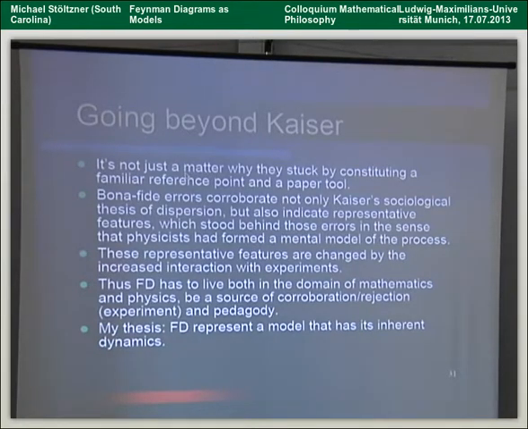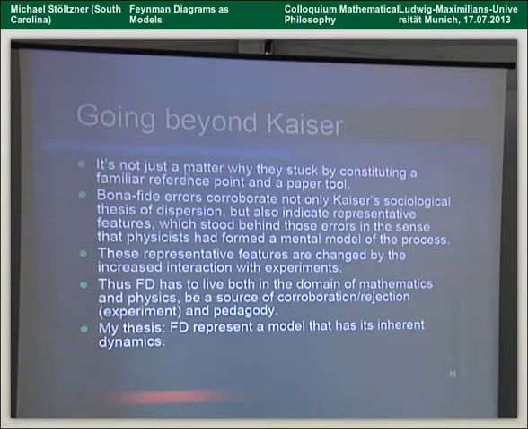So I think it's not just a matter of why they stuck by constituting such a familiar reference point and a paper tool, because the bona fide errors corroborate not only Kaiser's sociological thesis of dispersion, but also indicate representative features which stood behind those errors, in the sense that physicists had formed a mental model of the process.